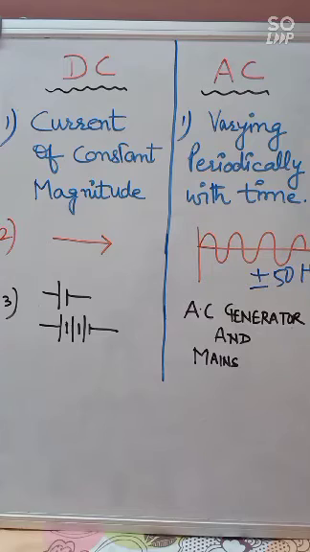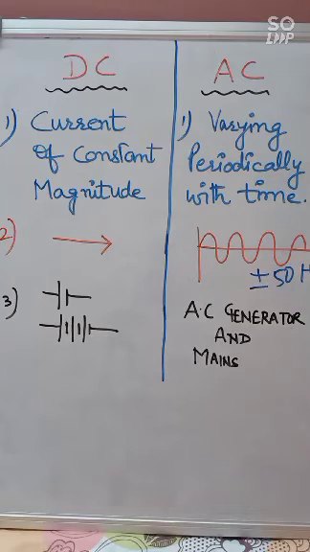Next we are going to talk about the frequency of alternating current. The alternating current has a frequency equal to the frequency of rotation of the coil. Which coil am I talking about? I'm talking about the coil of the AC generator, right?